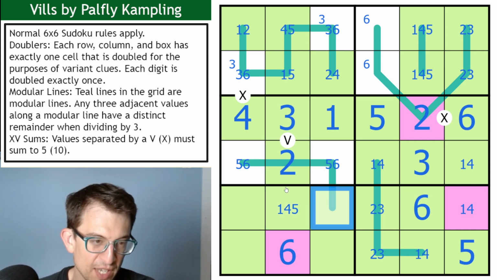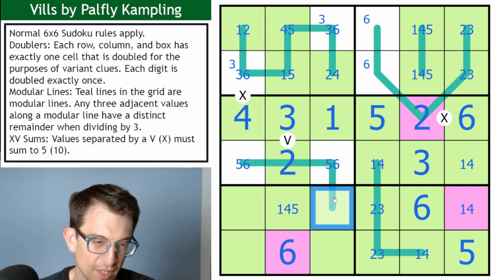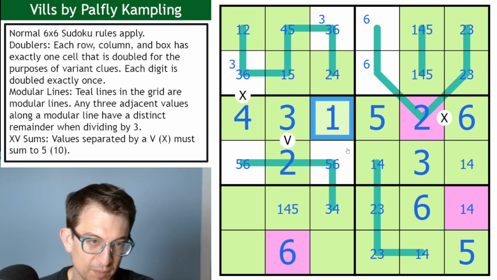So this digit is not doubled. So it's either, and the 5 is. So this is either the 1 group or the 0 group. If it's a 0 group, it's a 3. If it's the 1 group, it's a 4. Because 1 is here.